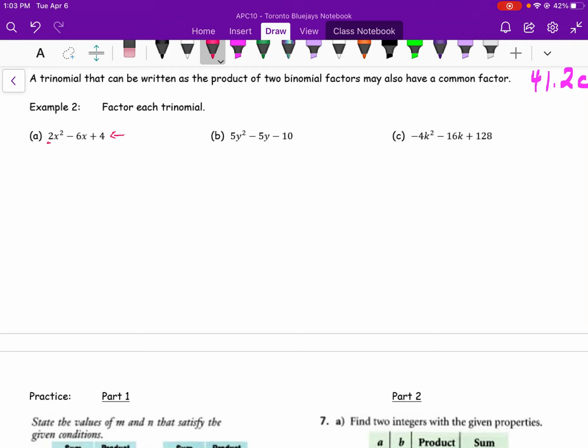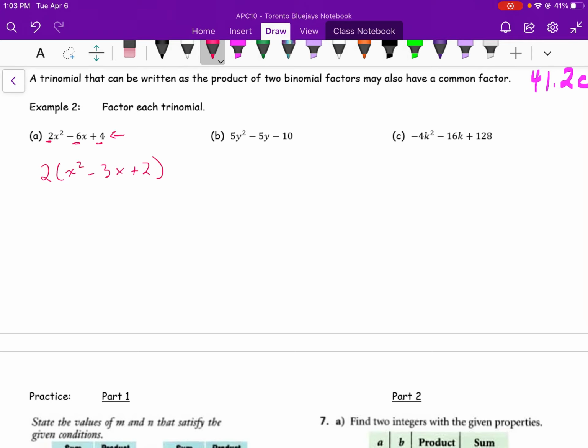So what I've just previously learned is no longer useful in this situation. However, upon closer inspection, I may notice that all my coefficients and my constants are a factor of 2. So I can factor out the greatest common factor.